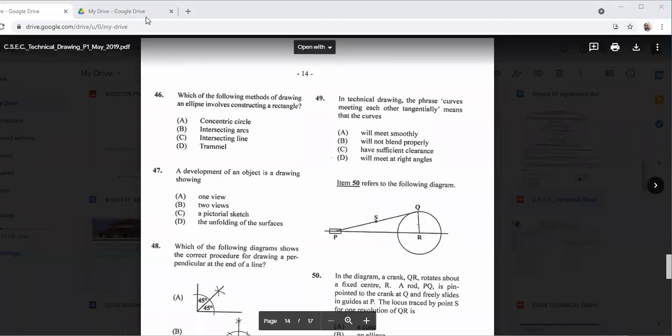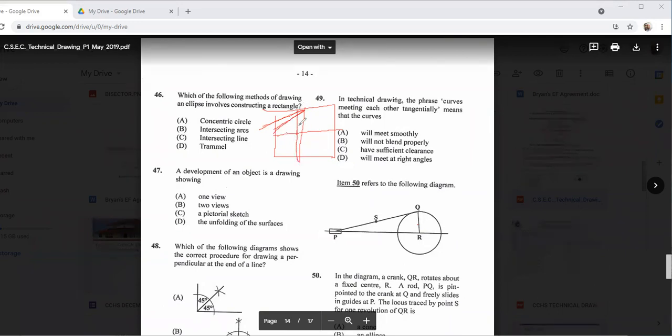For that, we have the ellipse like here, and we have lines going from here. We divide this into the same number of equal parts. Remember this?